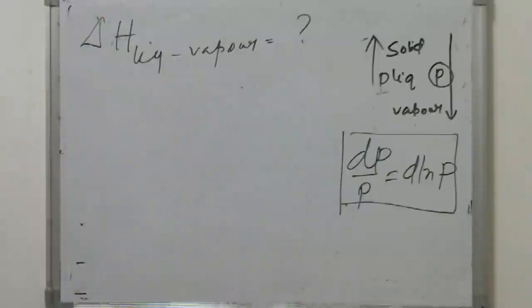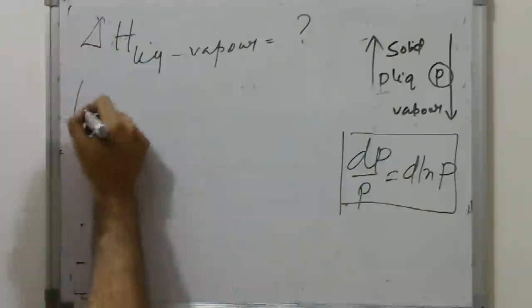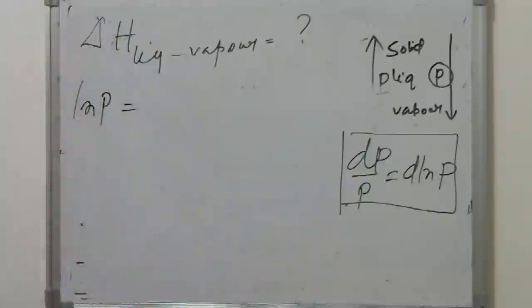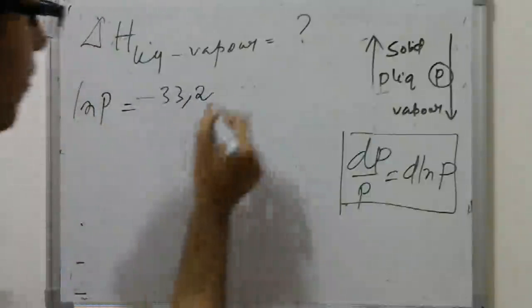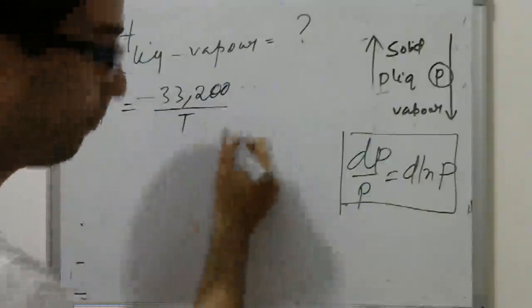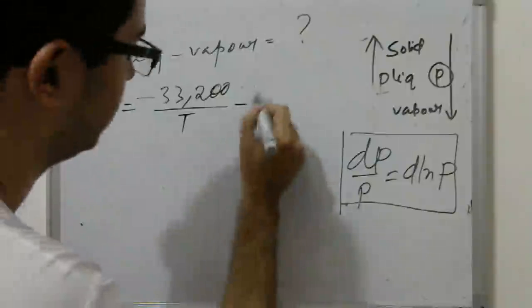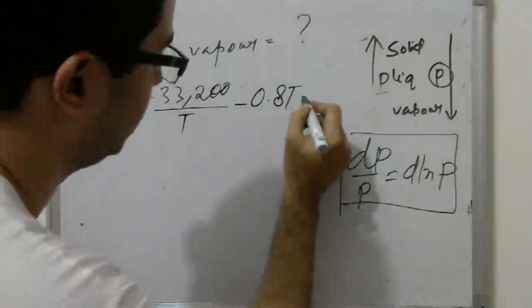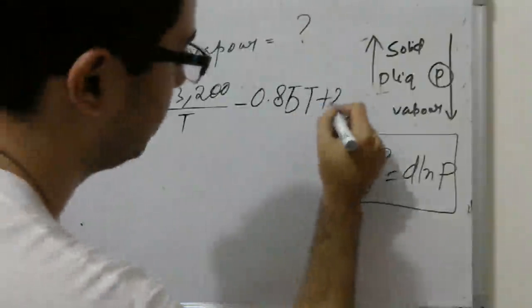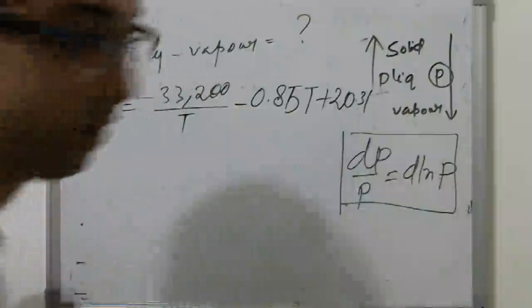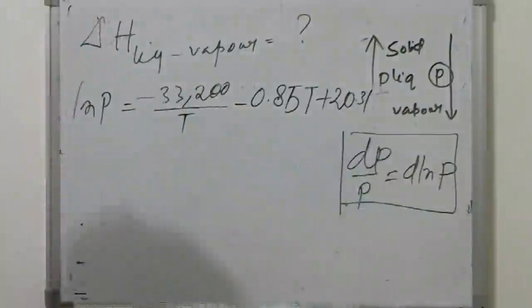For example, here you have the expression for vapor liquid: ln P equal to minus 33200 by T minus 0.85 T plus 20.31.